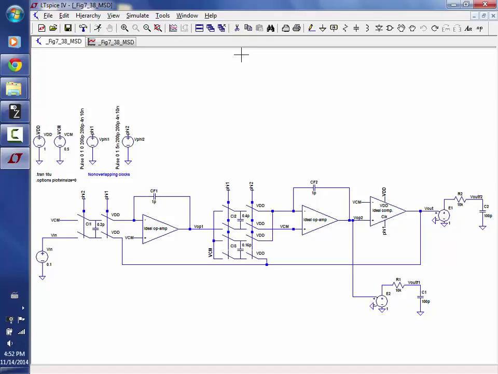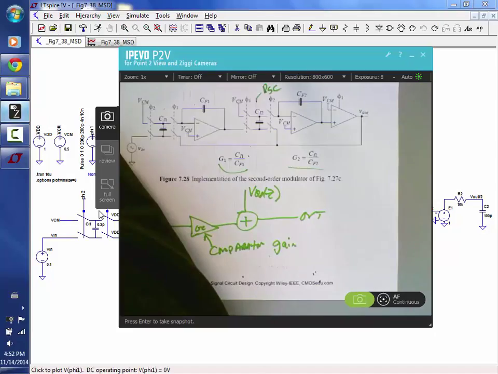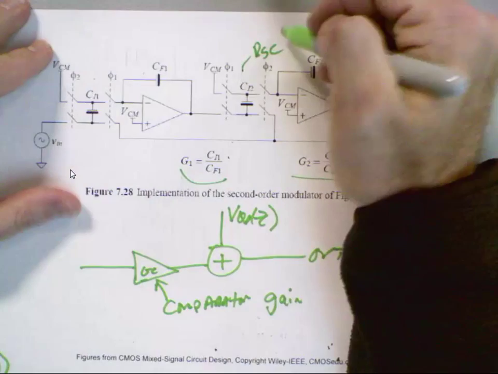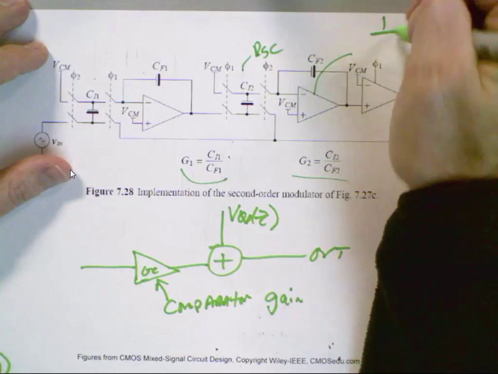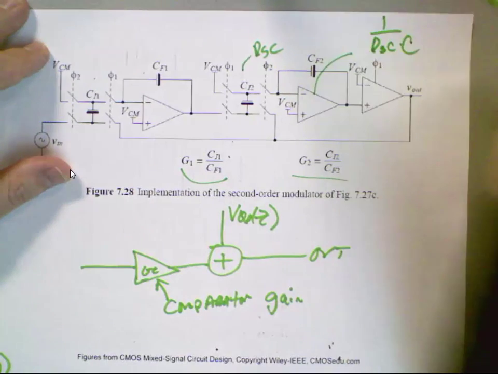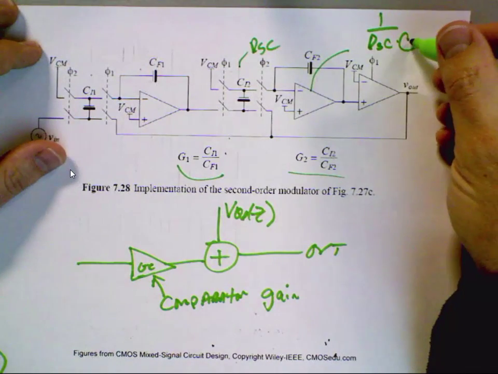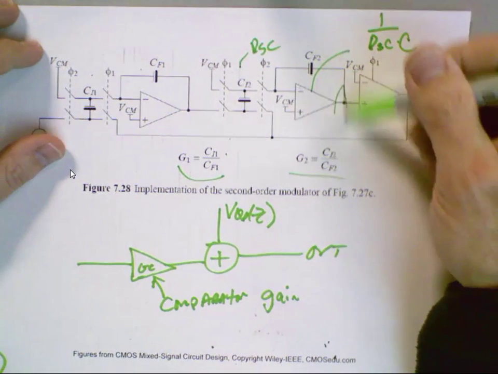So if I look at this as a switch capacitor, bigger. Yeah, so then the gain of this stage would be 1 over RSC times C. So if I make C small, I get a big gain, meaning I get a big signal there.